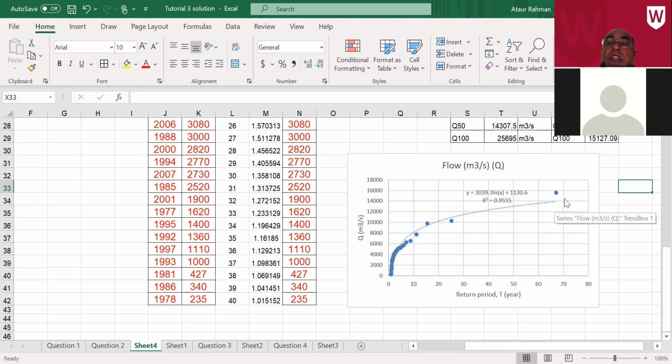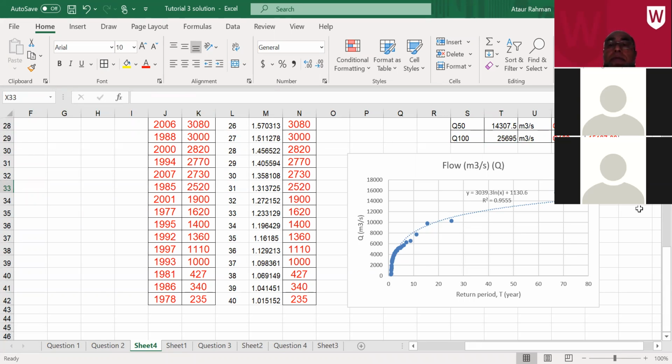And this line is going this way. So for higher quantiles, you see Q100 in the second case is becoming 15,000, and in the previous linear case it is 25,000. But nevertheless, the linear fit is quite poor because R square is very low. So basically, between these two, the logarithmic would be the more reasonable estimation for the parametric approach.